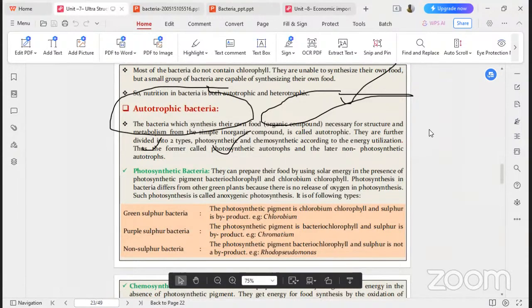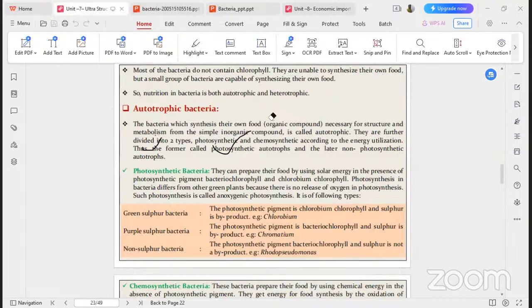Here you can see they are synthesizing their own food material. That's why we are calling it autotroph. But depending upon the source, we divide it into two types: photosynthetic and chemosynthetic.